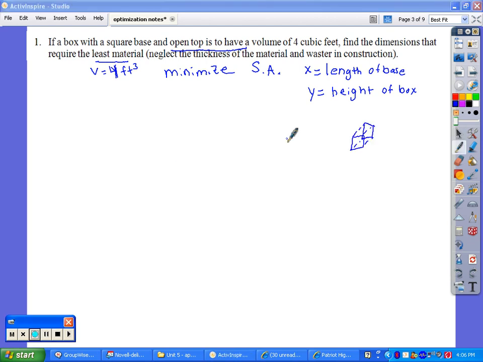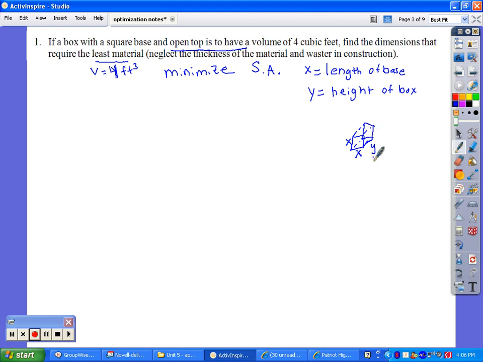Okay, so here's my box. Sorry about the drawing. And then if we say the length of the base is x, it's a square base. So both of the sides are x and x, and then the height, this length, would be y. The height is the distance between the two sides of the box. Okay? And there's this side we're going to say is open.